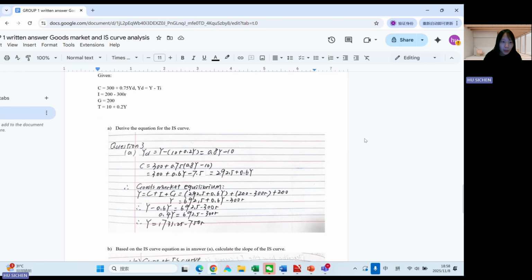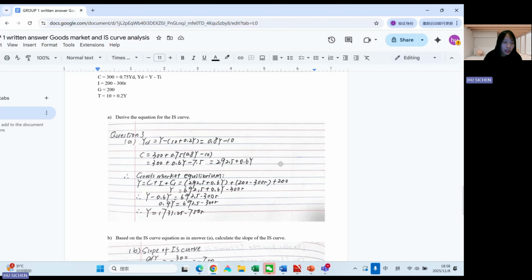Then consumption becomes C equals 300 plus 0.75 times 0.8Y minus 10, then we can get 292.5 plus 0.6Y.